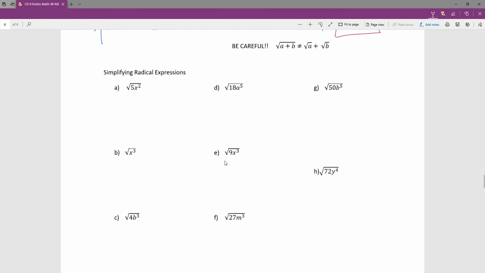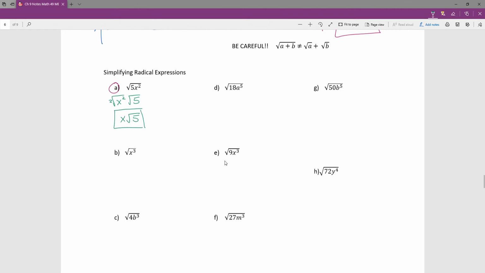So in these ones, if I break them up, I could take anything out front that is a perfect square. I'll switch back to colors. So I could take a root x squared out the front and a root 5. The root x squared is awesome because I can divide my exponent by my index and write it as x. So x root 5 would be that first expression fully simplified.